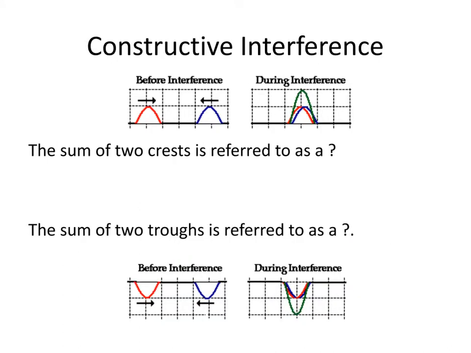So if we have the two waves that are in phase, we call that constructive interference, because the displacement increases. And so we would get the super crest. And if we have two troughs interfering, then we get the super trough, as I mentioned previously, like so.